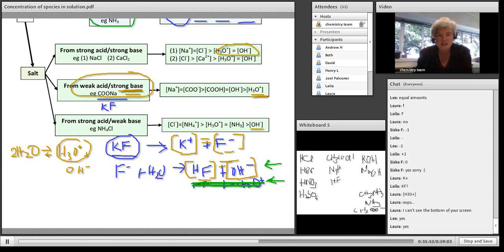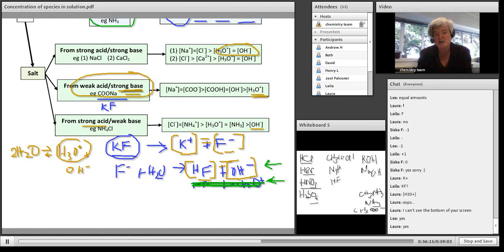So the final thing now we're going to do is strong acid, weak base. It's exactly the same sort of thing, except now we've got a strong acid, like the anion comes from either HCl or HBr. So I've either got a chloride, a bromide, a nitrate, or a sulfate.